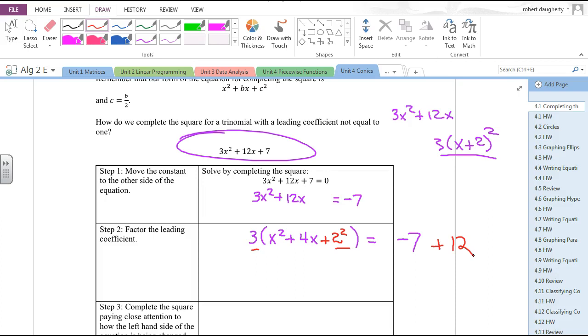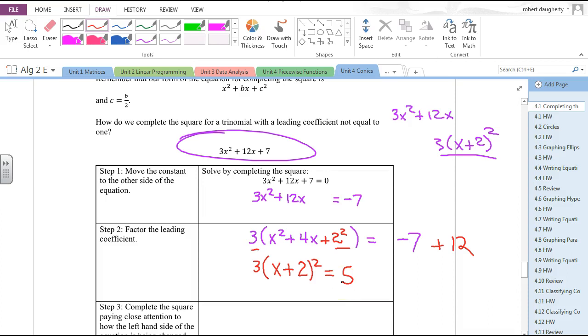So this is a perfect square. This is 3 times what? x plus 2 squared, which is what we said it was going to have to be when we looked at that visual a moment ago. What's 12 minus 7? 5.